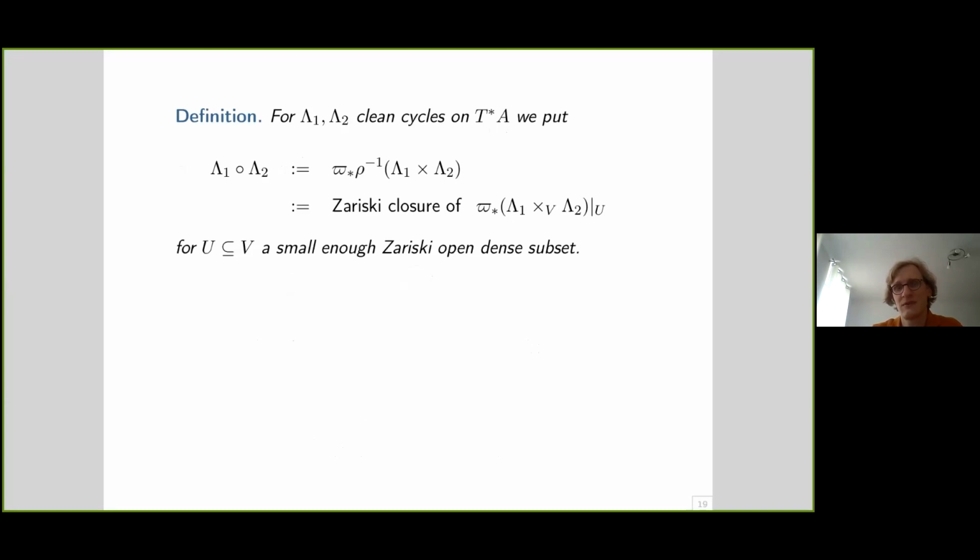And so what I really want to do is you take a small enough Zariski open subset of the cotangent space, and you do this construction over that subset. You see which cycle you get, and then you take Zariski closure component-wise, keeping the multiplicities. So this way, it's by definition again a clean cycle. So you have discarded anything which has a non-dominant Gauss map.